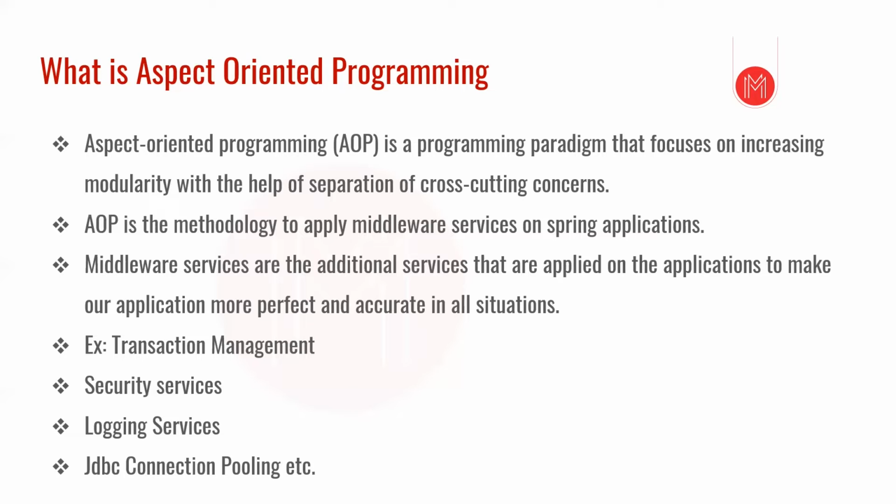On doing so, we will have better readability of the code. Also, we can use them whenever they are required to be referenced. So that's the reason generally we are going to use AOP, Aspect Oriented Programming.